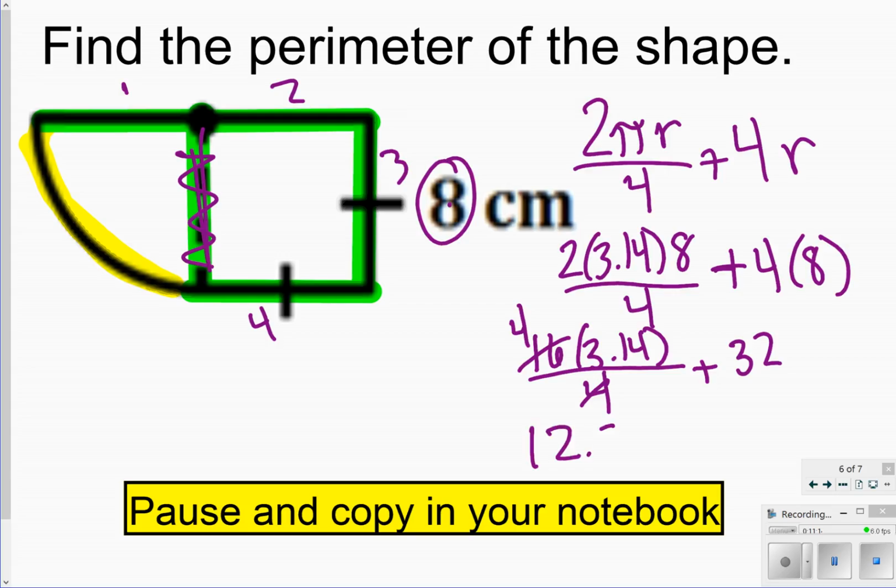Sorry. And we're going to add the 32 with that. So what we find is that the perimeter of this entire composite figure is 44.56, and I don't have room, so I'm going to write it there, centimeters. Very good. Make sure to copy this into your notebook.